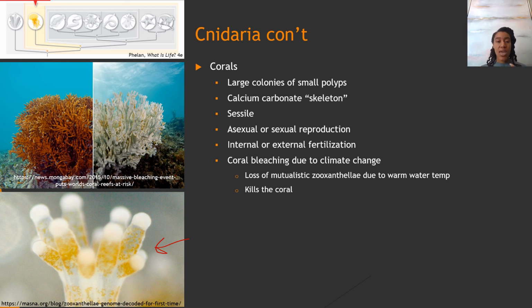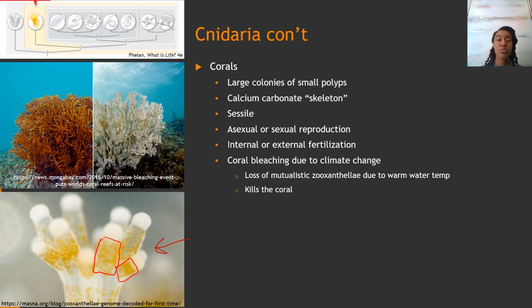The polyps have a close mutualistic relationship with small photosynthetic protists called zooxanthellae. You can see them in this picture here, as all of this orange material is actually microscopic protists that live within the polyp.